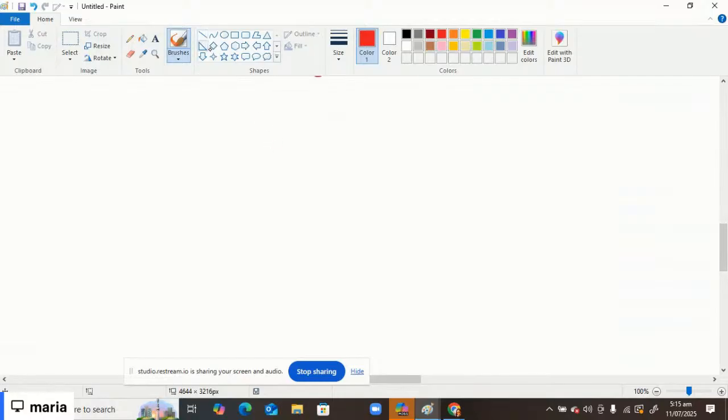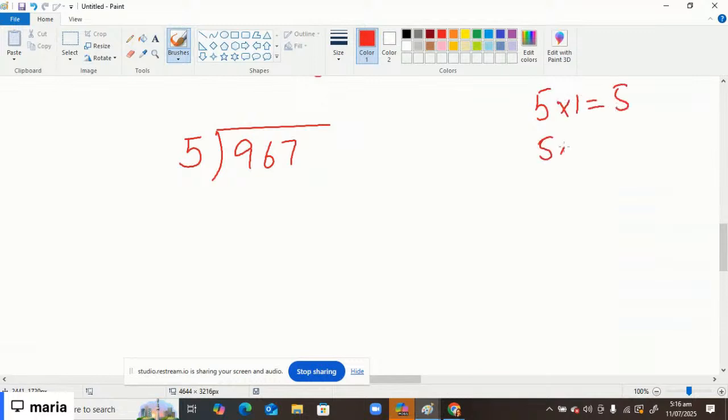So 967 divided by 5. Here we're going to write down the table of 5. 5 times 1 is 5, and 5 times 2 is 10. So from here we divide the 9 by the 5. 5 times 1 is 5, first digit. After that we subtract. 9 minus 5 is 4.